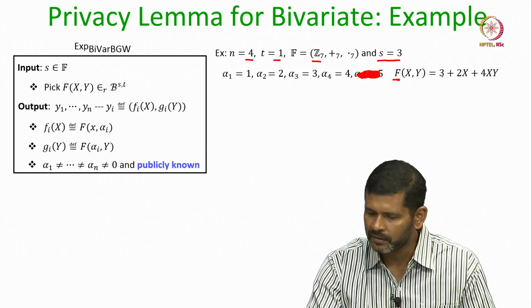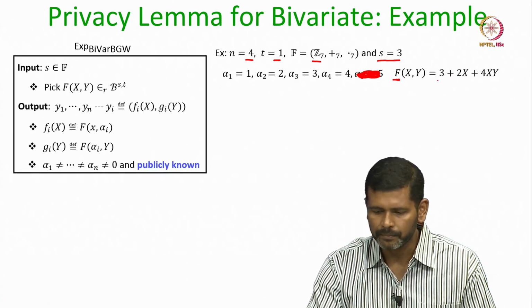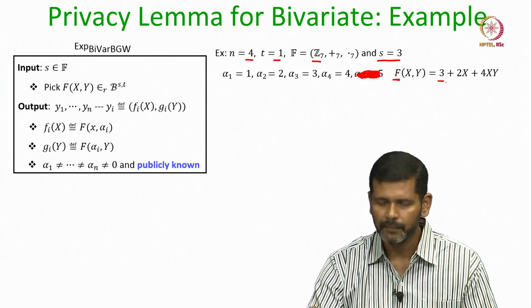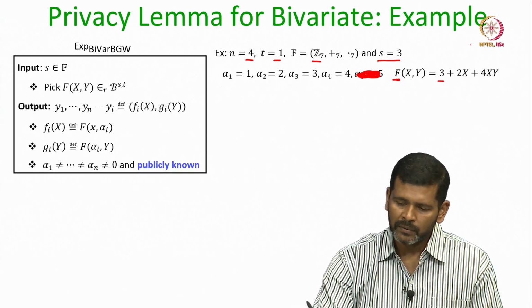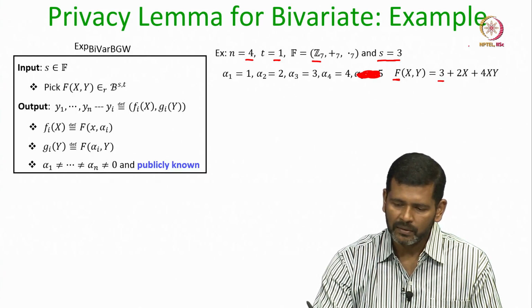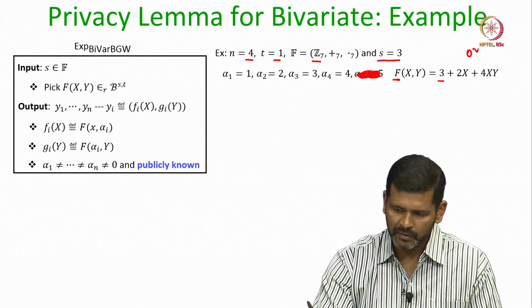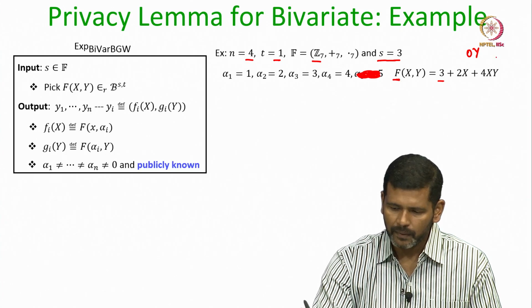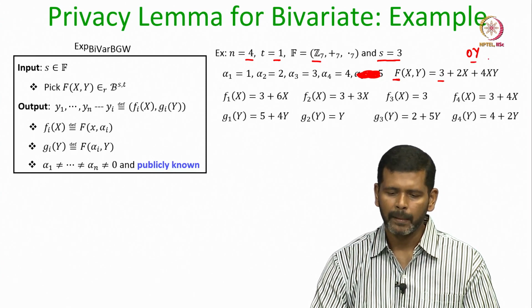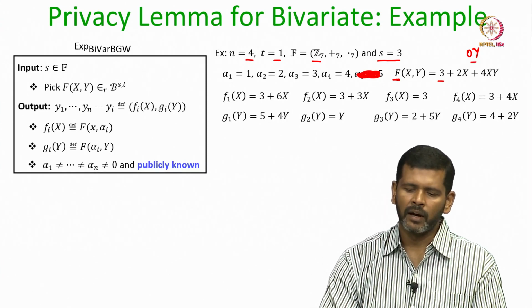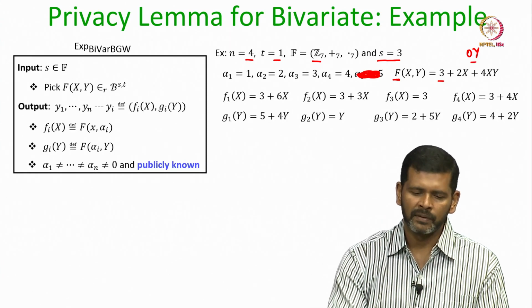So, you can see this is a bivariate polynomial whose constant term is 3, and of course, there is no term of the form y raised to power 1, so it is there with coefficient being 0, and so on. So, this is a degree 1 bivariate polynomial, and as a result the output generated in the experiment will be this.